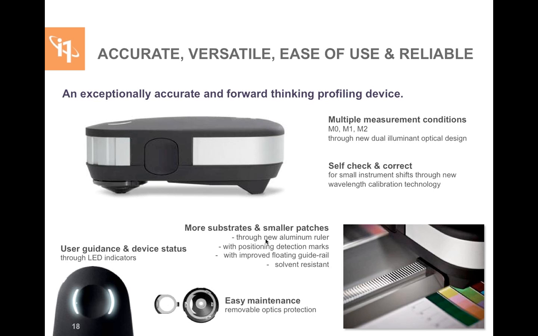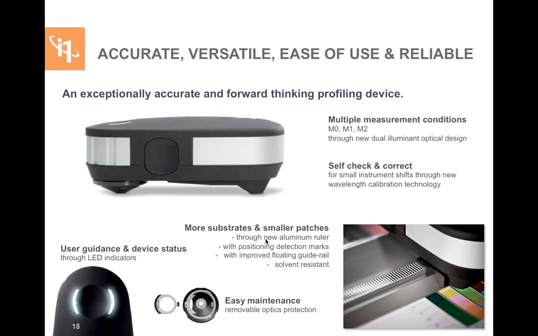As you can see in this slide, this has the advantage of being able to create the profiles and measure into the different M standards. You'll also notice that it has new features. It's a complete redesign. As it says down the lower left, the LED indicators make it kind of error-proof scanning, because of the new technology involved.